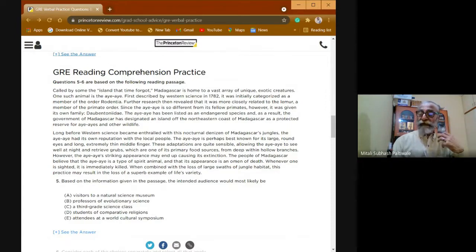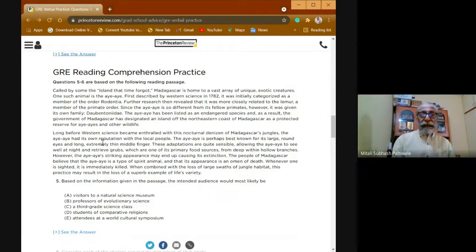Because it was becoming extinct, the government reserved a particular area on the northeast coast as a protected forest for that species and other wildlife.